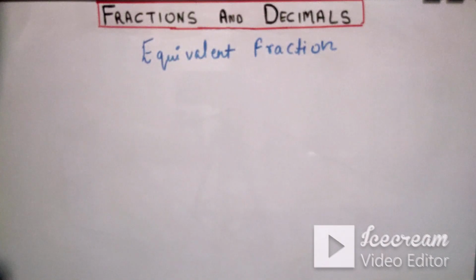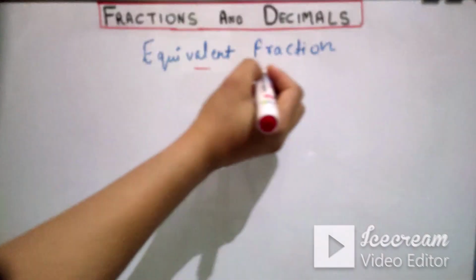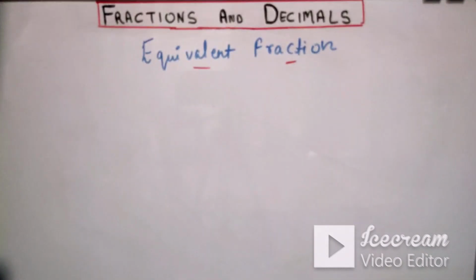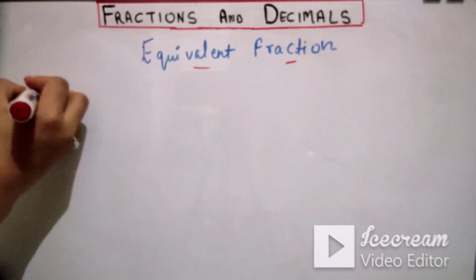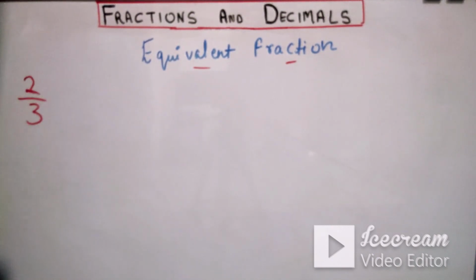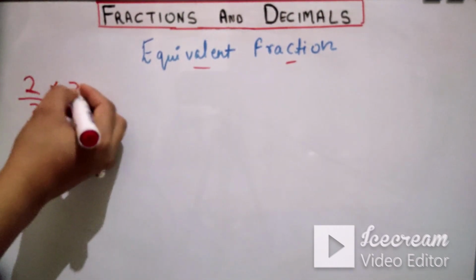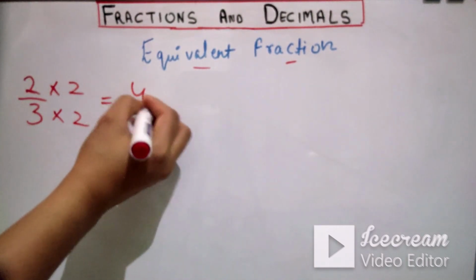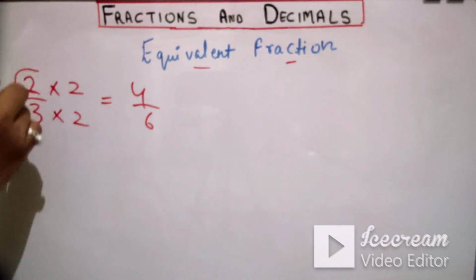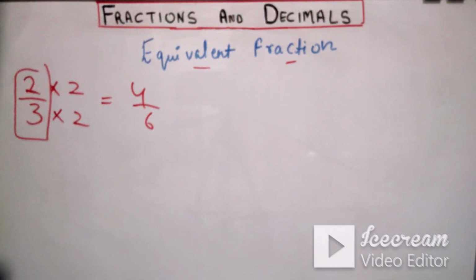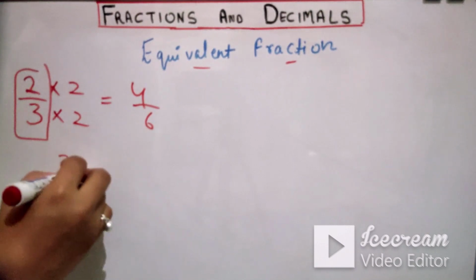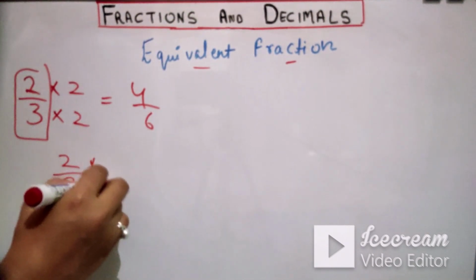The next thing that we are going to study is the equivalent fraction. So what is an equivalent fraction? Let us take an example of 2 by 3. When we multiply this fraction by the same number, let's say 2, the fraction becomes 4 by 6. Now again, for the original 2 by 3, we multiply it with 3.